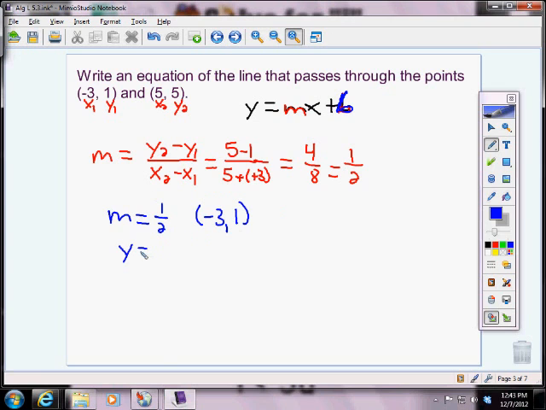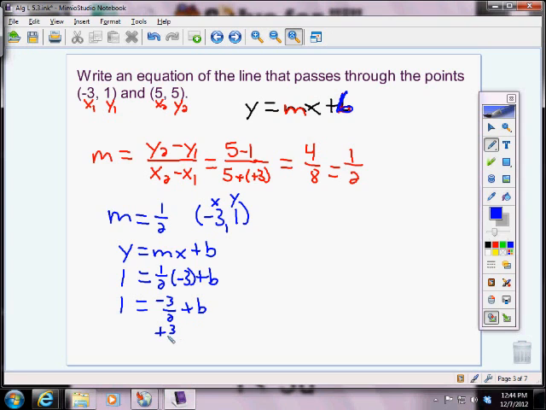Plug it into our formula, y equals mx plus b. This is x, this is y. So I'm going to go 1 equals 1/2 times -3 plus b. 1 equals half of -3, which is -3 over 2, plus b.